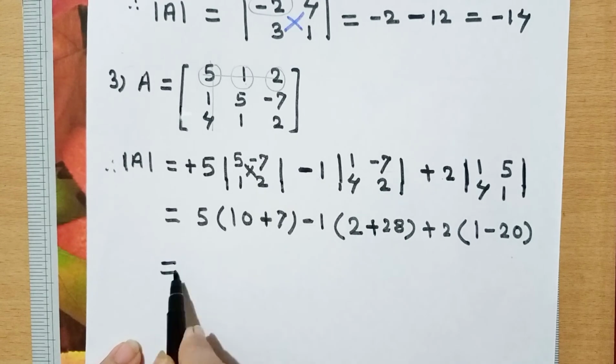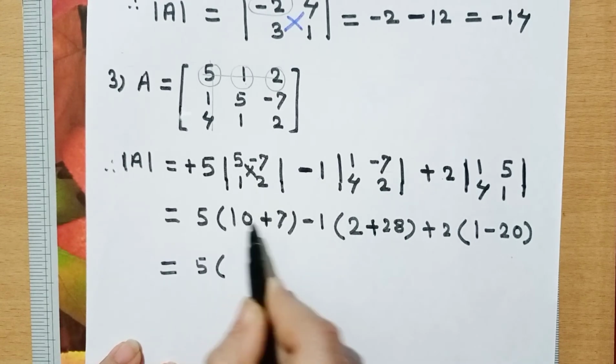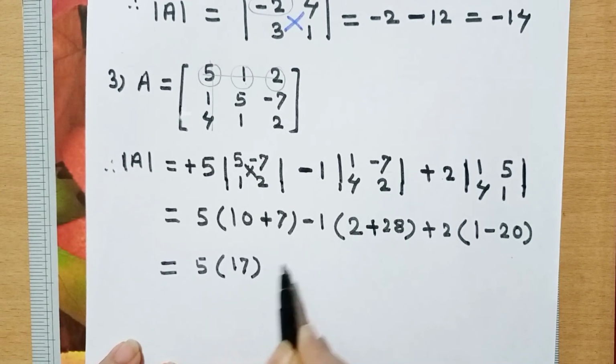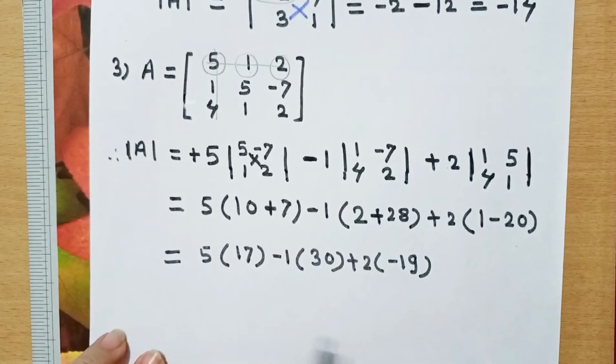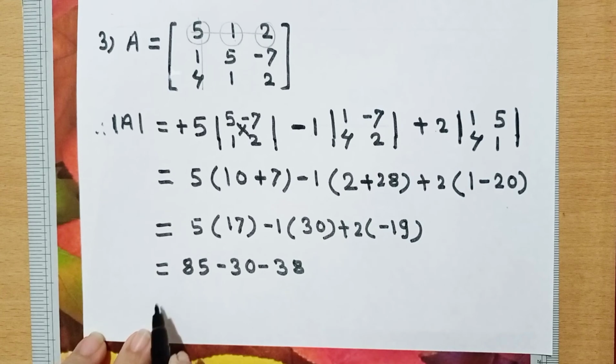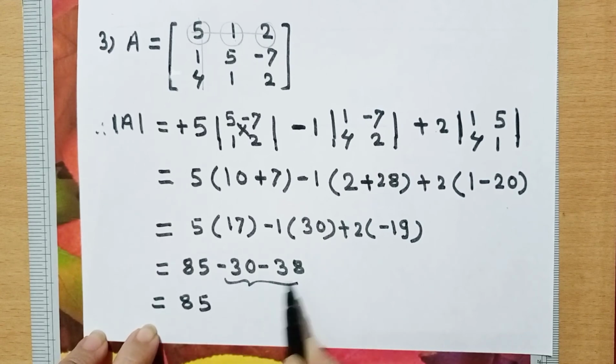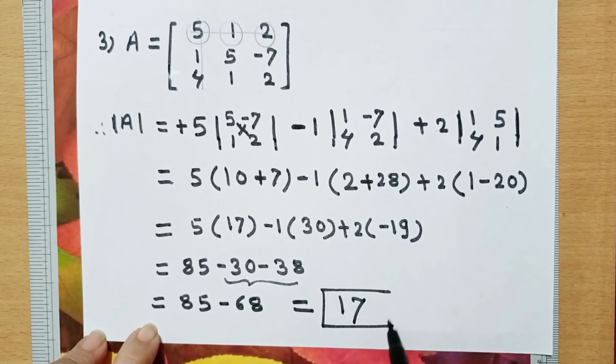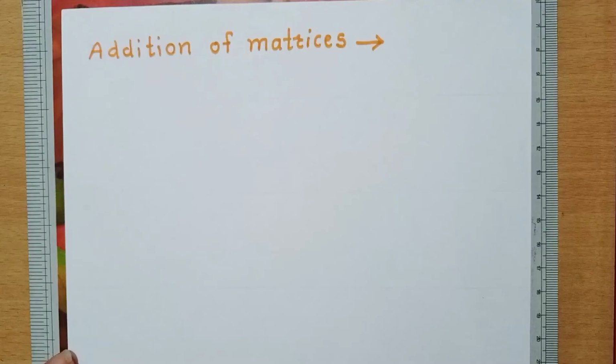And now again simplify. So this is 5, 10 plus 7 is 17, minus, again simplify. So we have, here this is 85. Now minus 30 and minus 38 is minus 68, and again subtraction of this, that is equal to 17, is the final answer of the determinant.